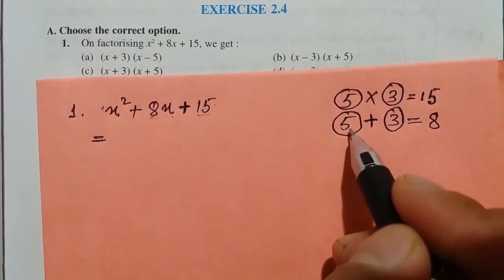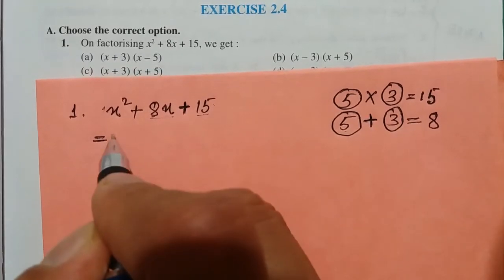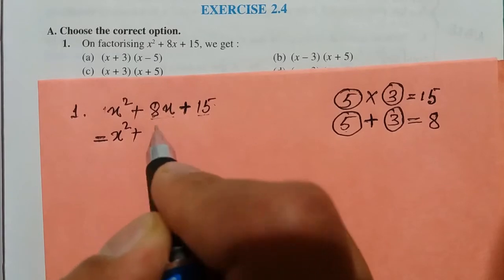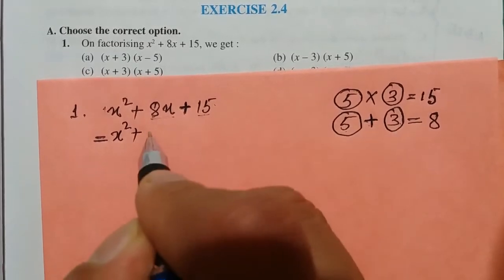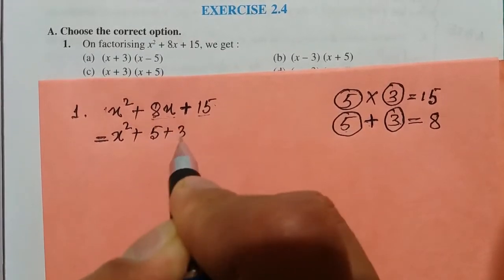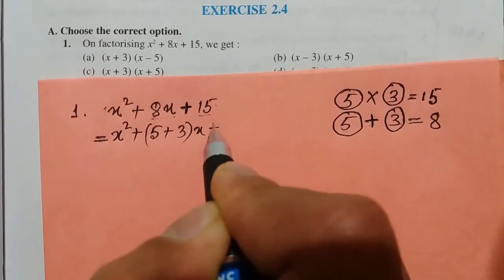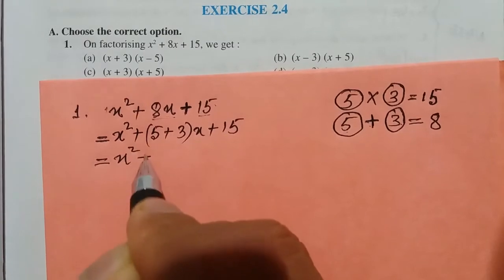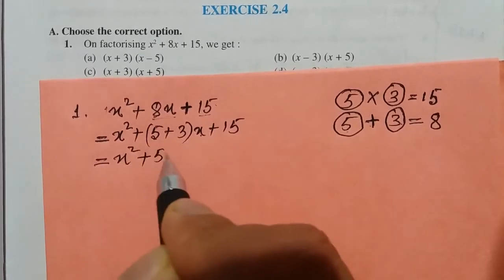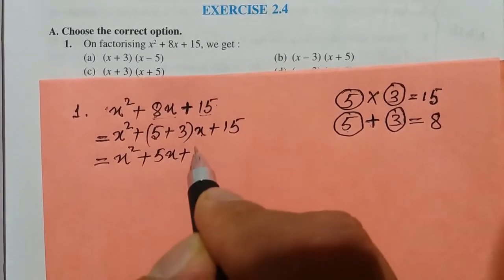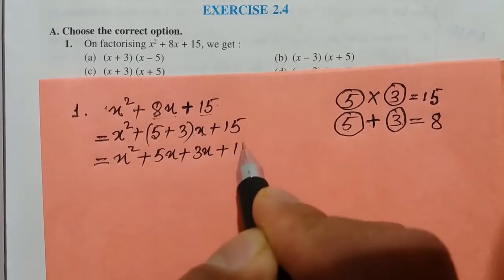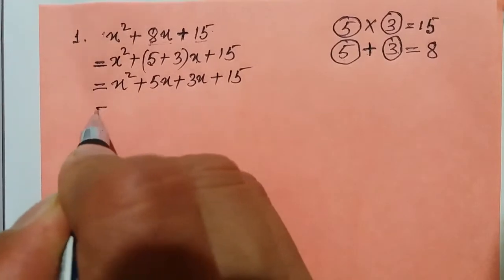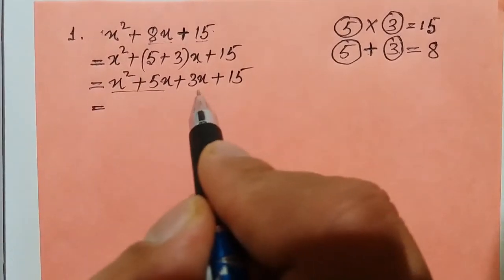So we're going to use 5 plus 3. So here x square plus, we're going to split this middle term. So 5 plus 3, x plus 15. Now here x square plus 5x plus 3x plus 15. Now pairwise we will take common here.